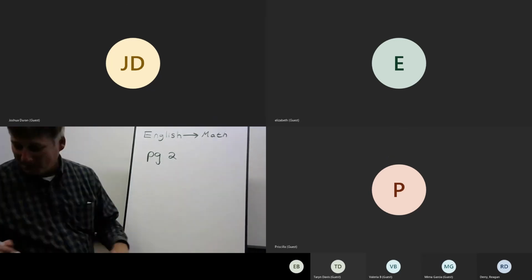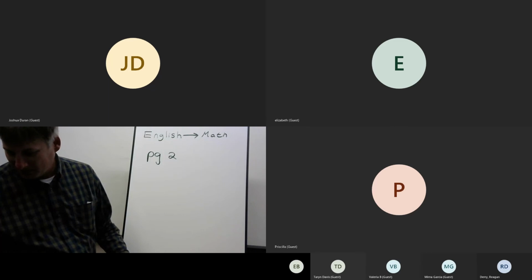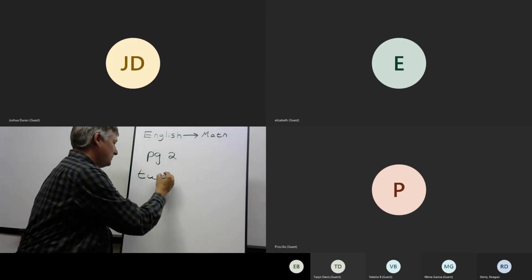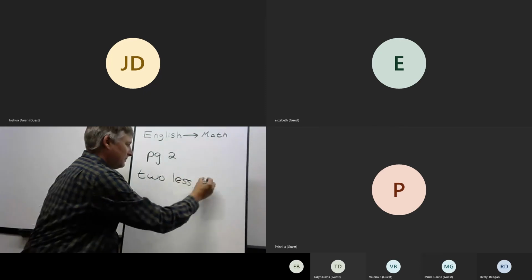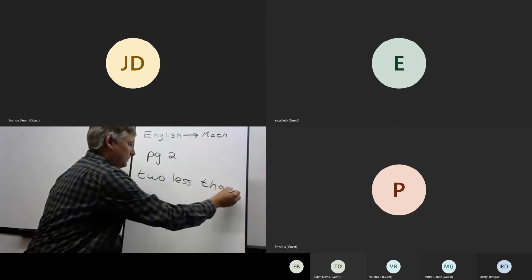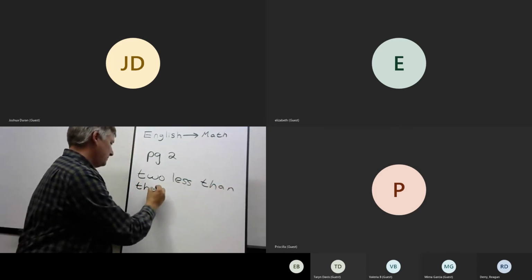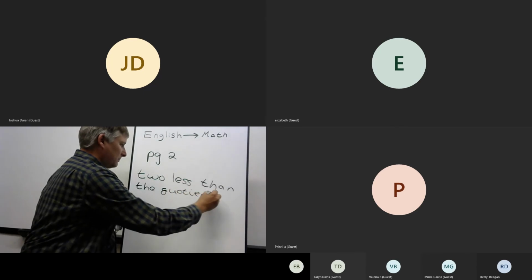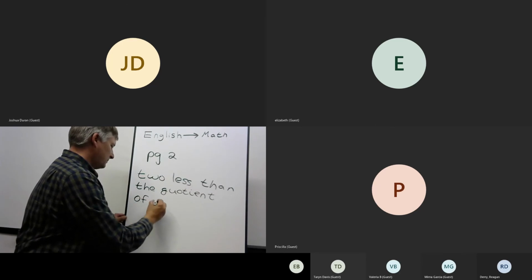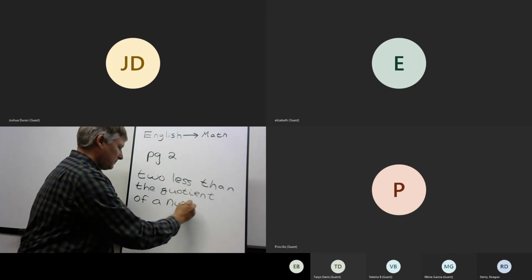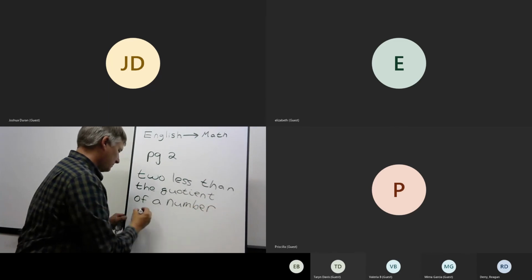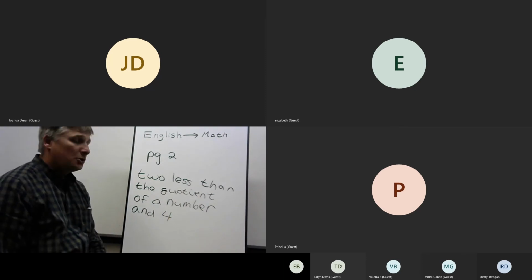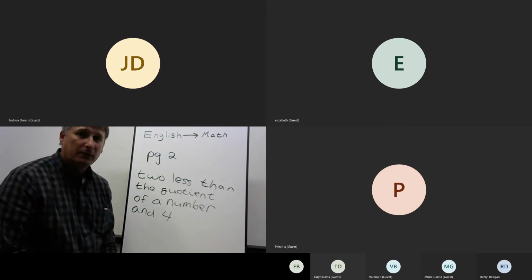So let me do the example. Two less than the quotient of a number and 4.